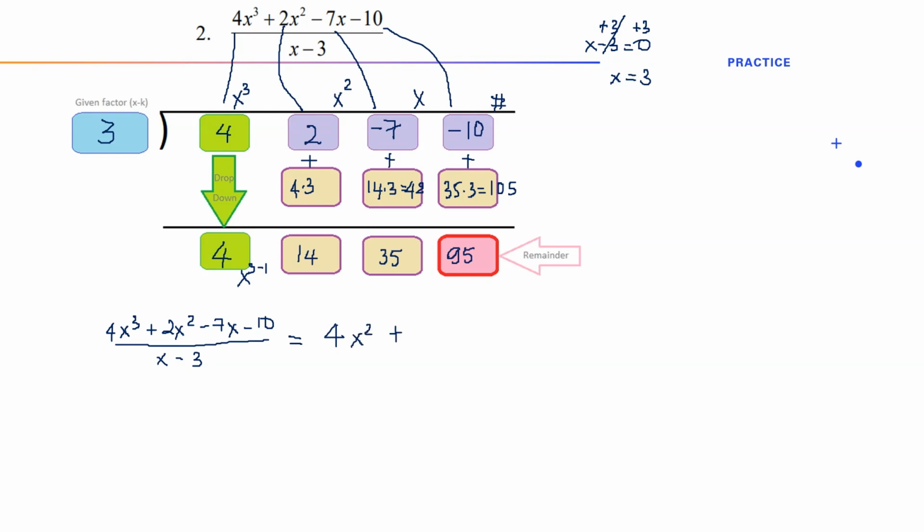The next one is plus 14, x squared column, so x squared minus 1 is x. The x column is x to the power of 1 minus 1, so plus 35. X to the power of 0 is 1, so 35. Then we add the remainder 95 over the divisor, so x minus 3.